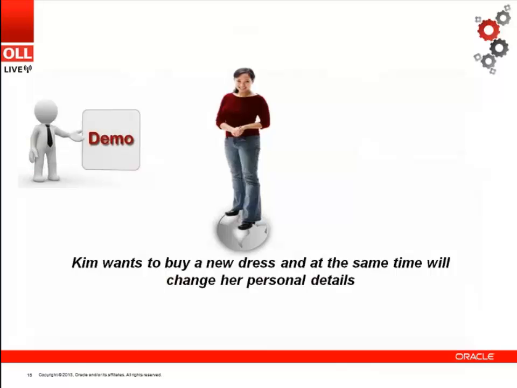She's already an account holder, an existing customer of a brand called ATG store, and she wants to buy a new dress for the weekend because she's going out to a party, and she wants to change her personal details. So I want to demonstrate when Kim changes her details, what it means from a back office perspective, and how that information is sent real time to all the different systems that are interested in this change.